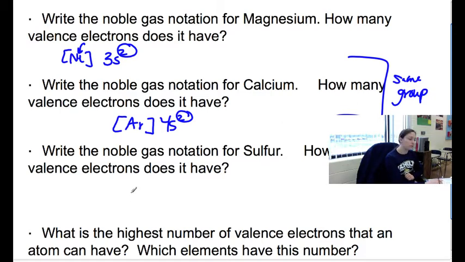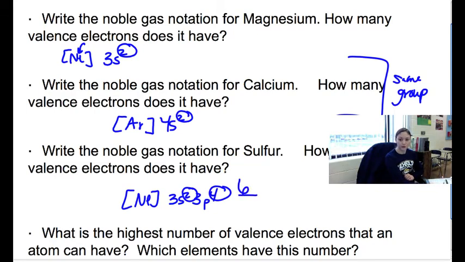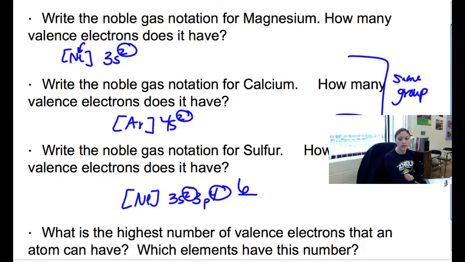We look at sulfur. Put neon in brackets, and we're going to go 3s2, 3p4. So sulfur has 4 plus 2, 6 electrons. Notice how it is in group 16. Group 16, 6 valence electrons.